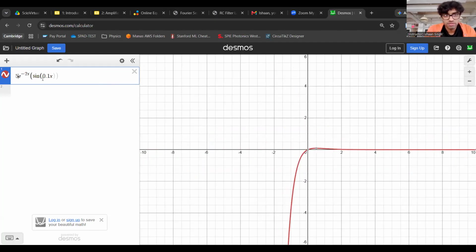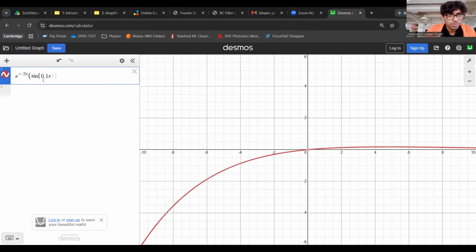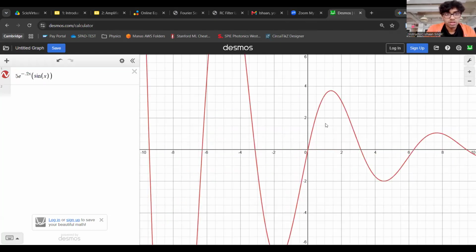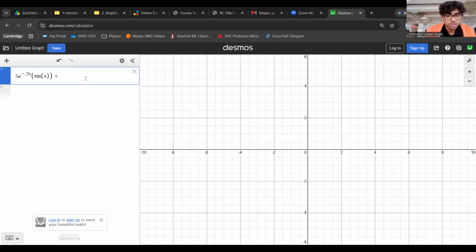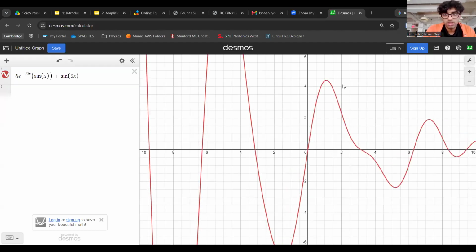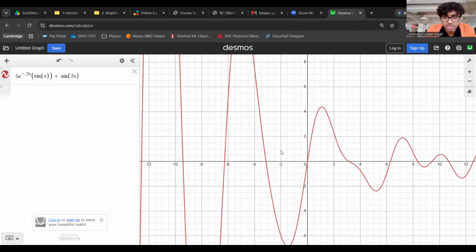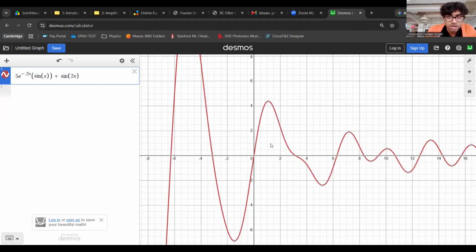let's do like 550 times that. Okay. And then plus sine of 2x. So this might be what your circuit looks like. So looking from time equals 0, your output initially looks really ugly and messy, right?